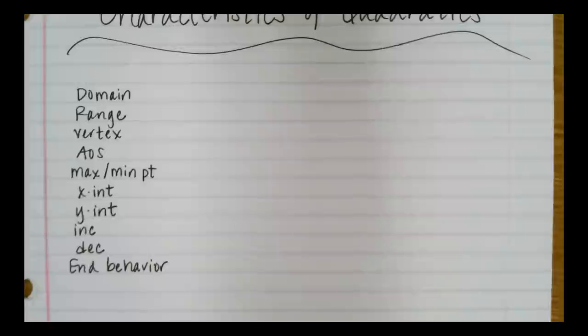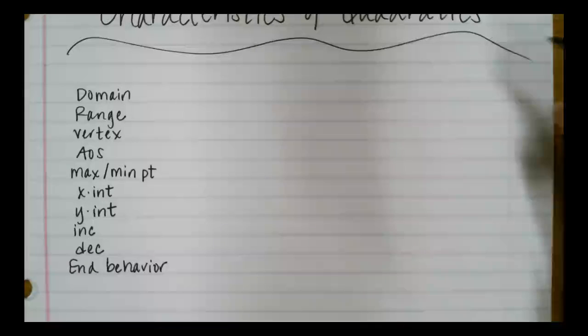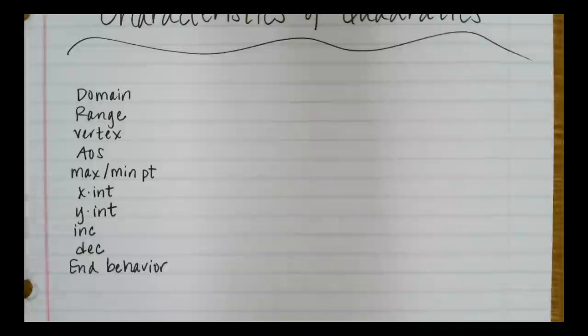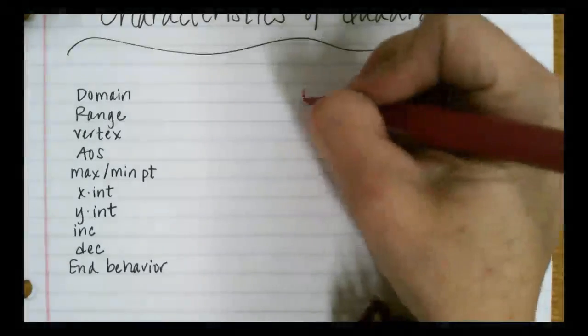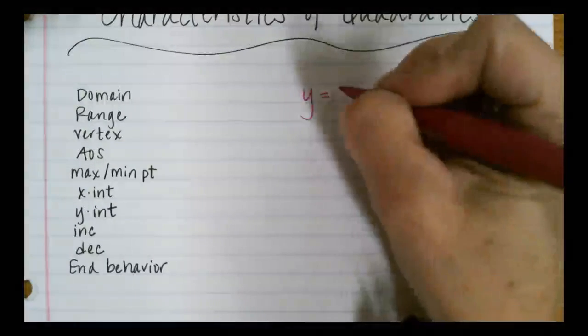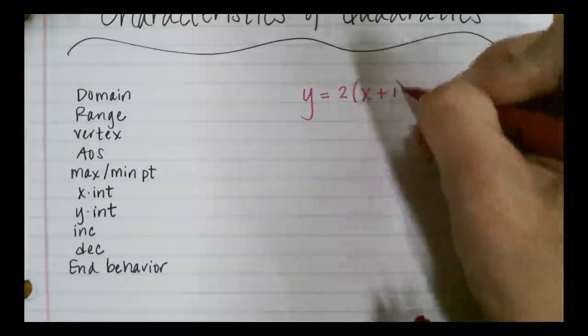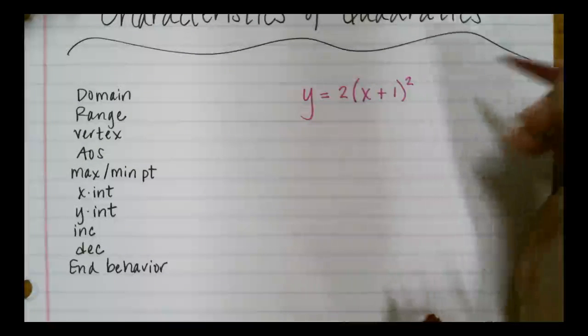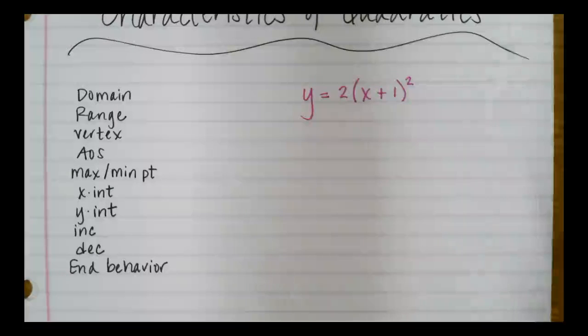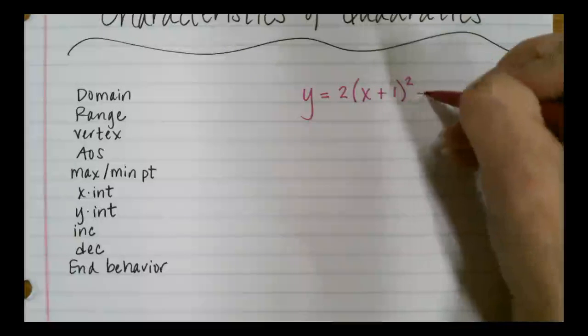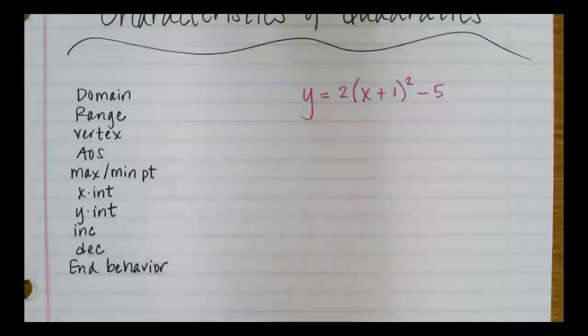All right, so I'm going to start off with graphing a parabola. So let's graph, how about, y equals 2(x + 1)² - 5.